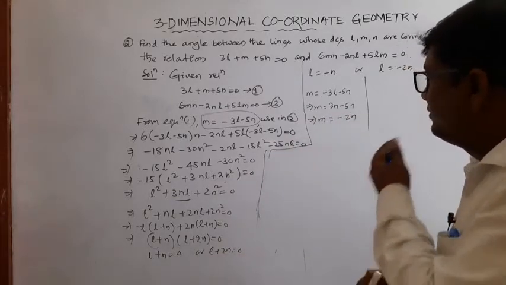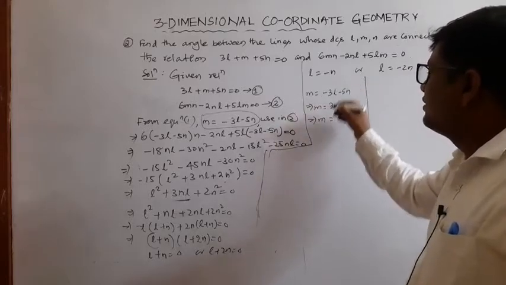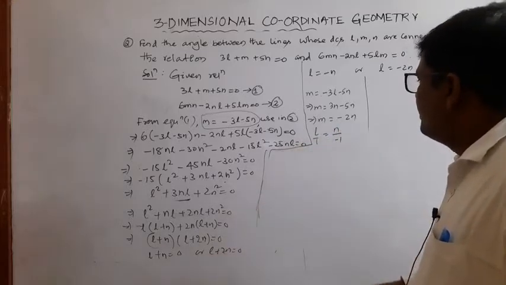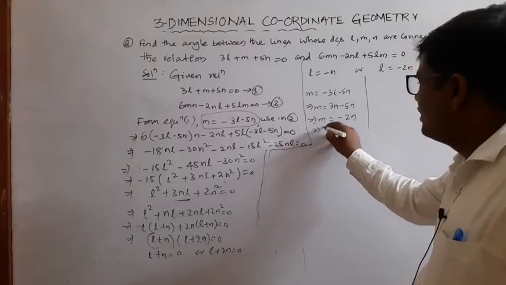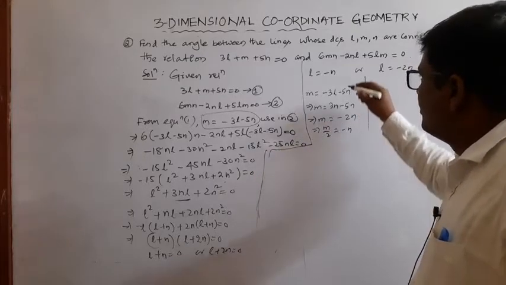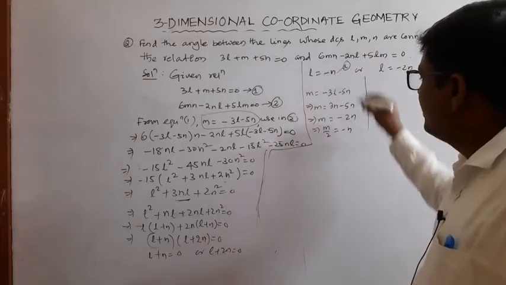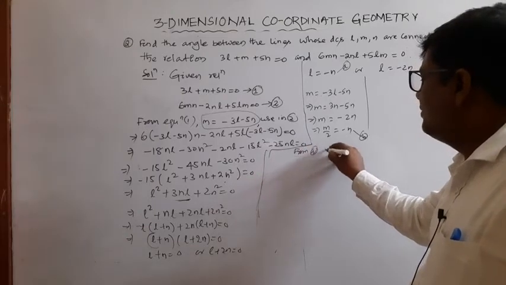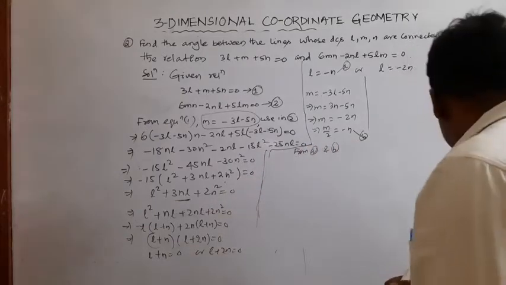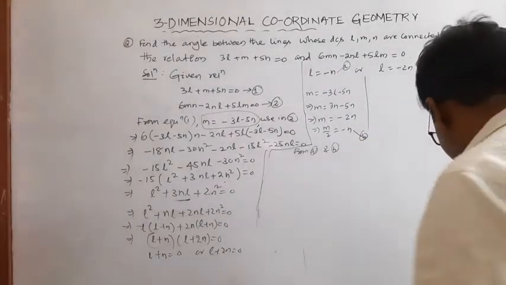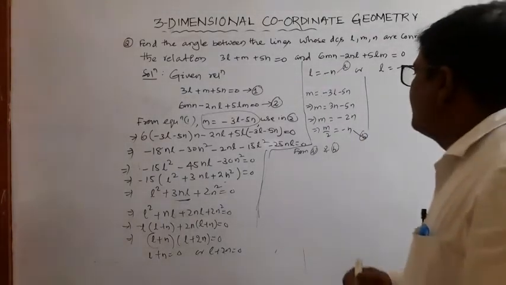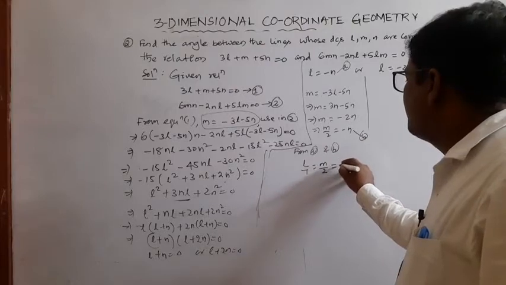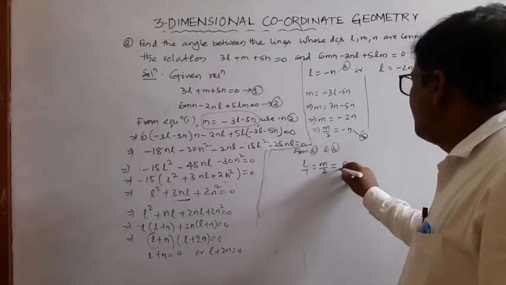So we can write L by 1 is equal to N by minus 1, and M by 2 is equal to minus N. Suppose this is A and this is B. From A and B we get L by 1 is equal to M by 2 is equal to N by minus 1.